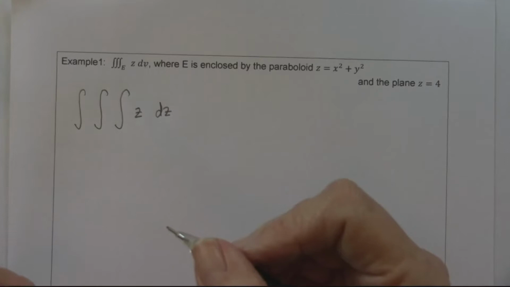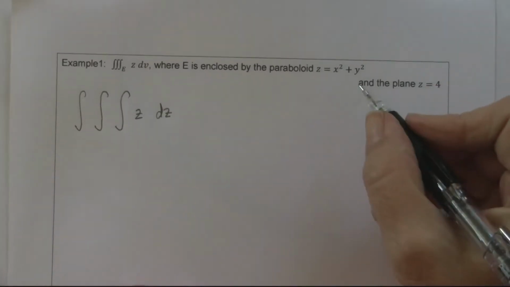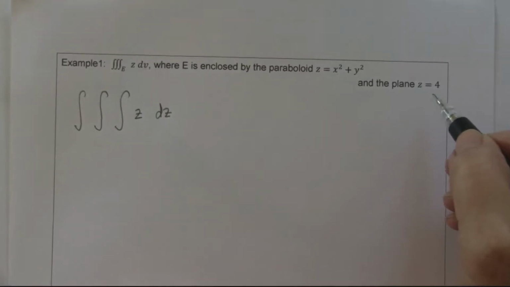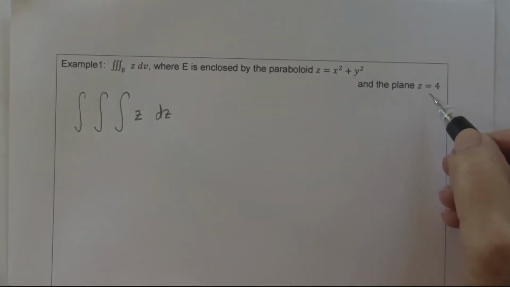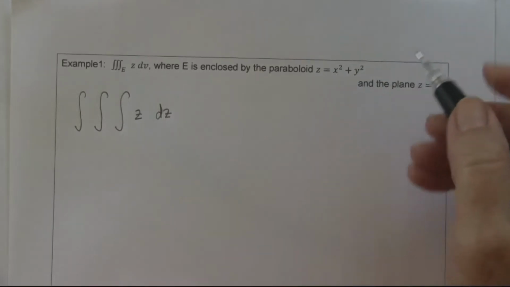You can guess at it and then test it to make sure that you're right. Or you can figure it out after you get your picture. Since z equals this and z equals this, you can draw this if you want. They say it's a paraboloid.